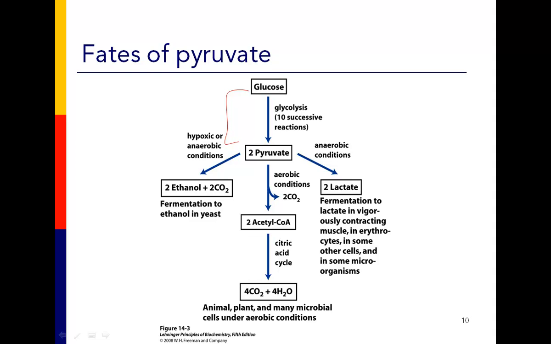Okay, so then what happens to pyruvate? What happens to pyruvate depends on what kind of organism you are and what the oxygen conditions are that you're faced with. If you're a mammal, you might have abundant oxygen supply, and we're going to talk about respiration a little bit later.